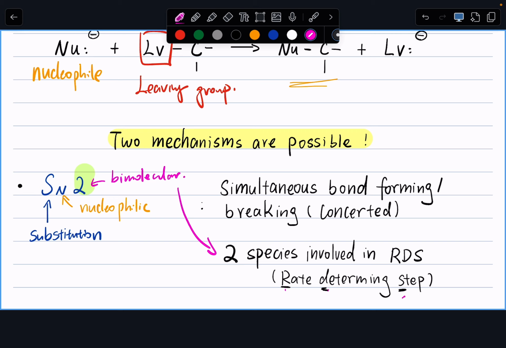You have the nucleophile, you have the tetravalent carbon. So both my nucleophile and substrate are involved in the rate determining step. So SN2 means we have a simultaneous bond forming, bond breaking reaction mechanism, or a concerted reaction mechanism. That's the name of SN2.